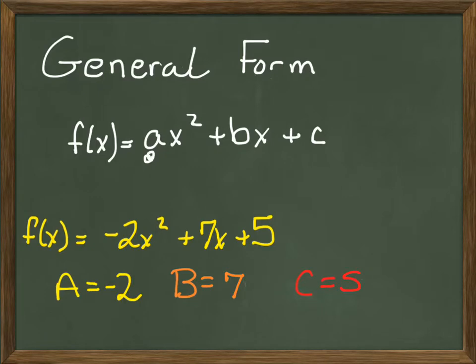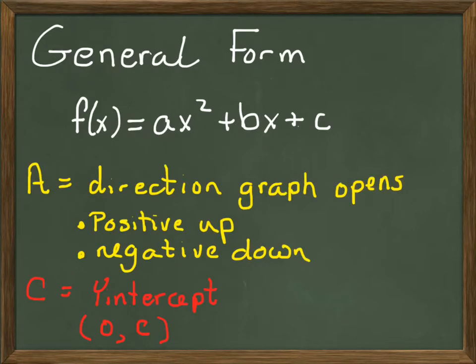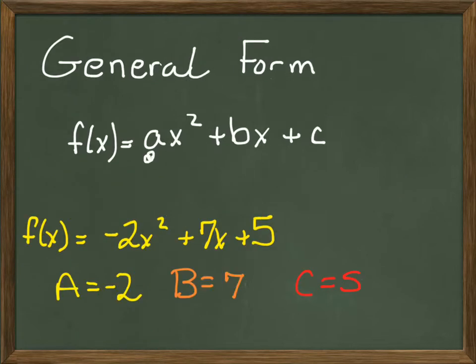So what each of those pieces tell us is the a tells us the direction the graph is going to open. Positive will open up and negative will open down. So looking back at this problem, we have a -2. So that tells me this graph is going to open down.